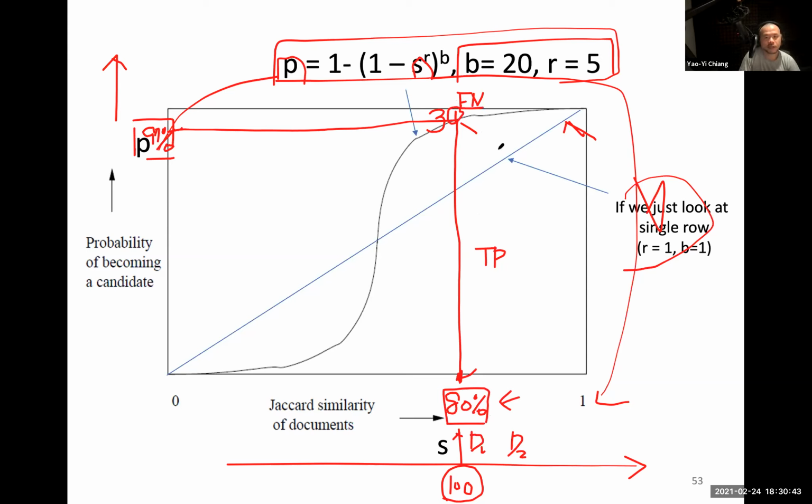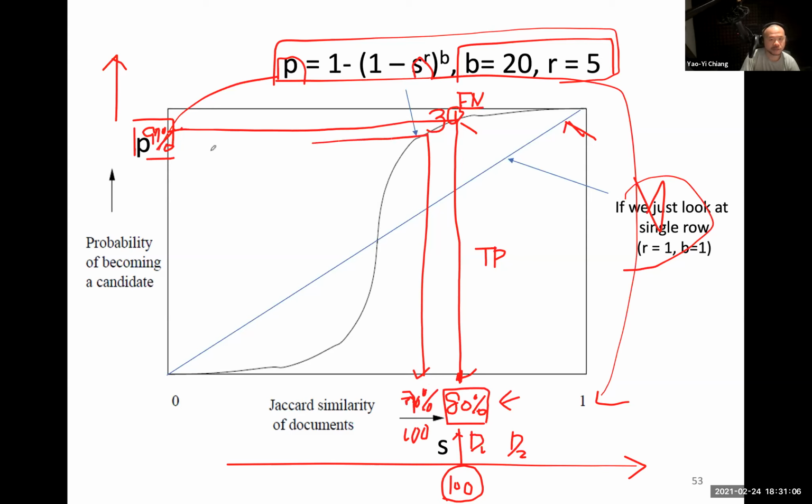So you can see that this slide looks very interesting, because if you start to look at these different locations, this is, say, 70%. This means many pairs. Let's say you have another 100 pairs in your archive that are at 70% Jaccard similarity.